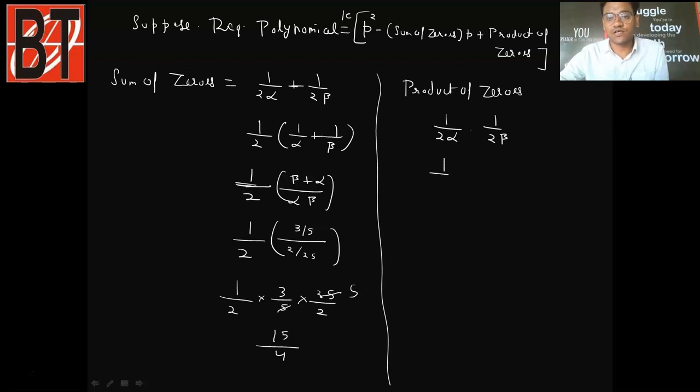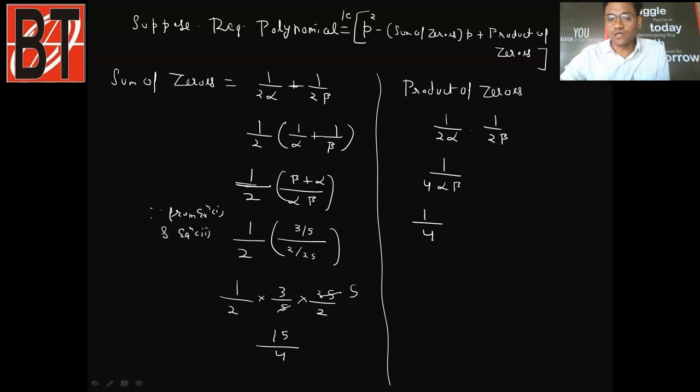So it's going to be 1 upon 4 alpha beta. Now at the place of alpha beta, here we use the values from equation number 1 and equation number 2.